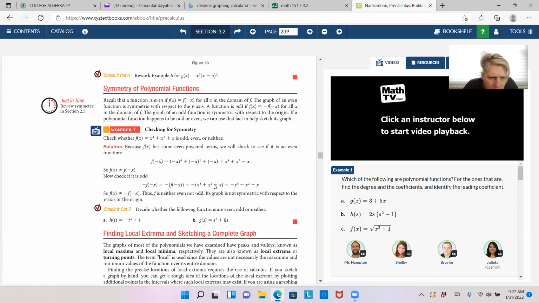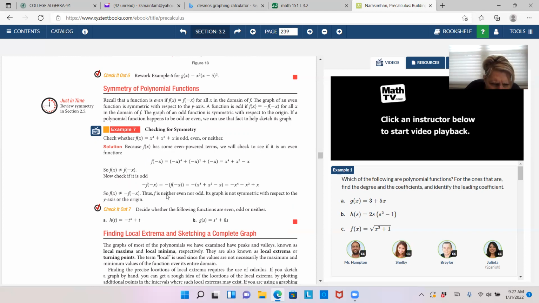Then the last little bits that we're going to talk about today is the symmetry of polynomials here on page 239. So this symmetry here is like example 7. It says x to the 4th plus x squared plus x is odd, even, or neither. So it says because x has some even power terms, we will check to see if it's an even function.